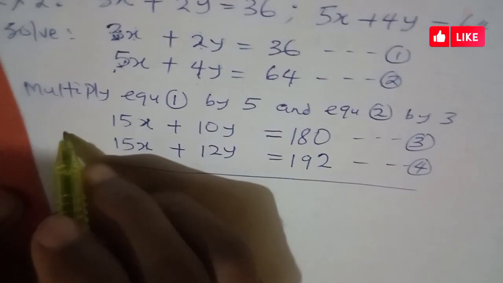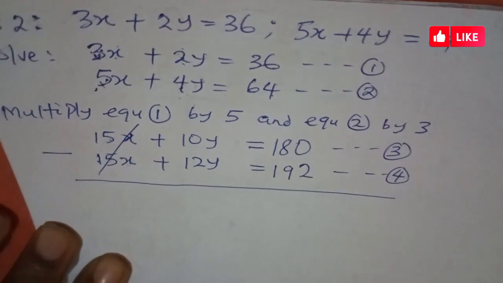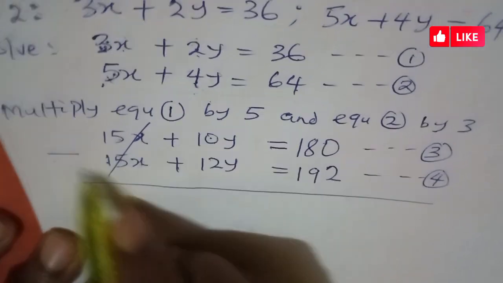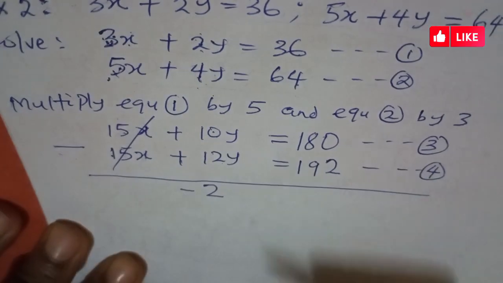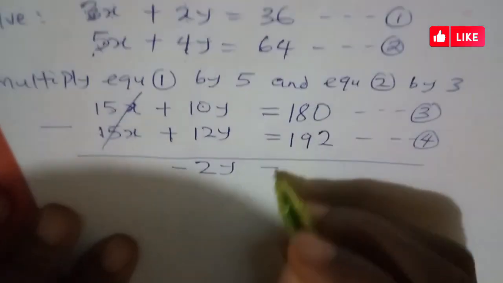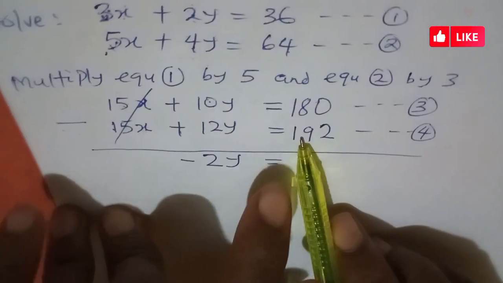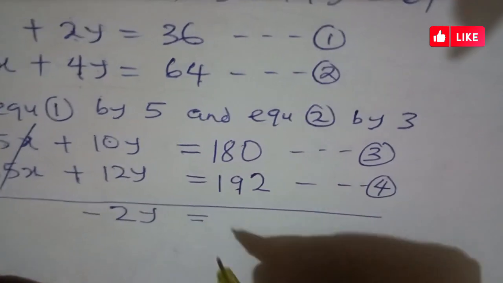So subtracting both equations, 15 minus 15 cancels. 10 minus 12 is minus 2y, and that gives us 180 minus 192.